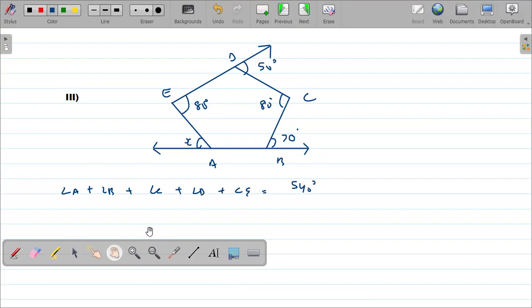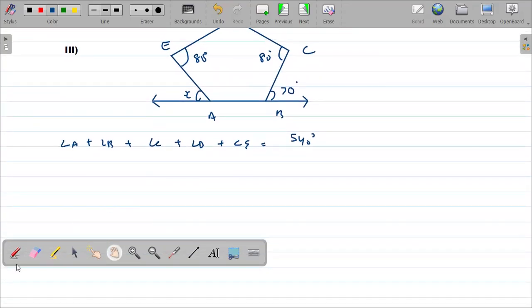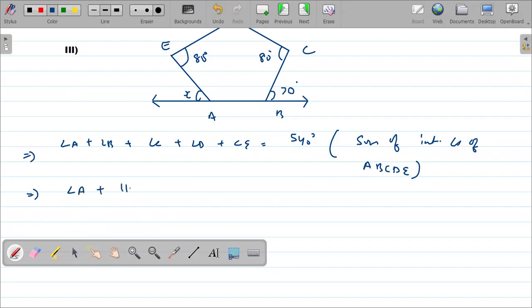So here we will write for the reason: sum of interior angles of A, B, C, D, E. So here we will be writing angle A plus 110 degree plus 80 degree plus 130 degree plus 80 degree equal to what? 540 degree.